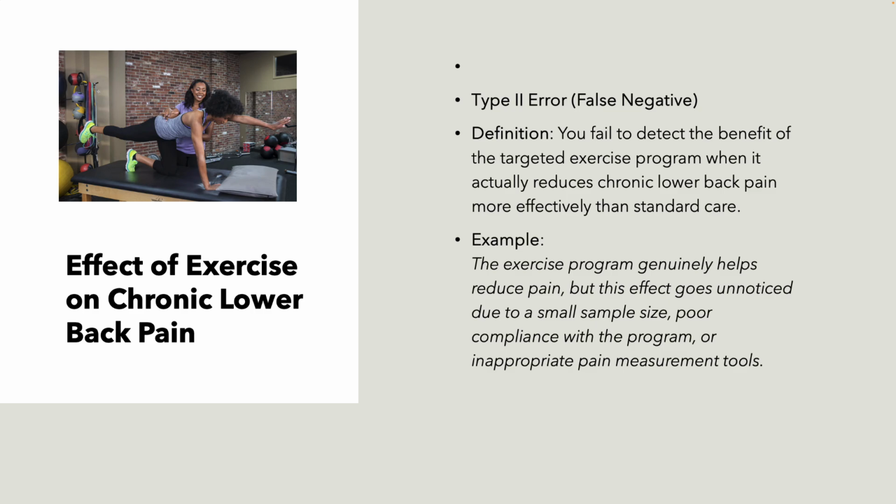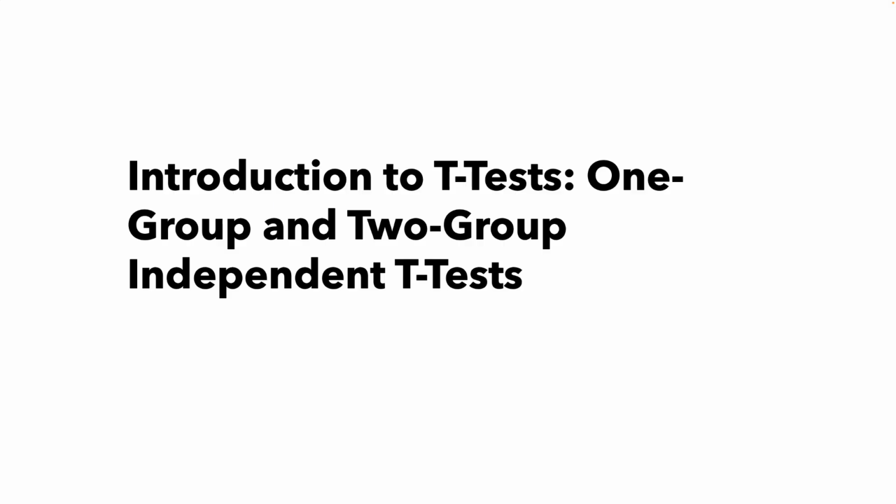We will continue with ANOVAs, one-way ANOVAs, two-way ANOVAs, two-way repeated measures ANOVAs. We'll talk about what they are, but we're not going to talk about how to conduct them. So without further ado, let's talk about what a t-test is and how we can use it for our type of research.